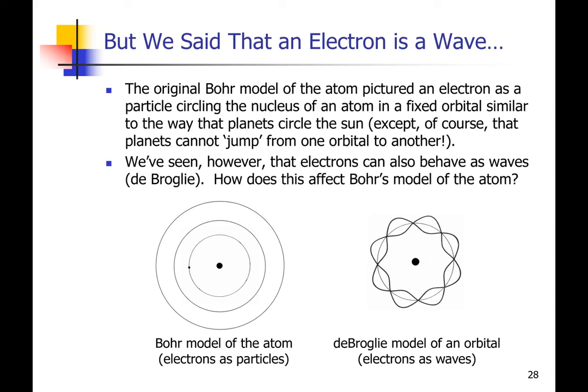Electrons also act as waves. We are able to diffract them, so they have a wave-like nature. And if we stop and think about that wave-like nature, it then makes more sense why there would be distinct allowed energy levels for each of the orbitals in the Bohr model of the atom.